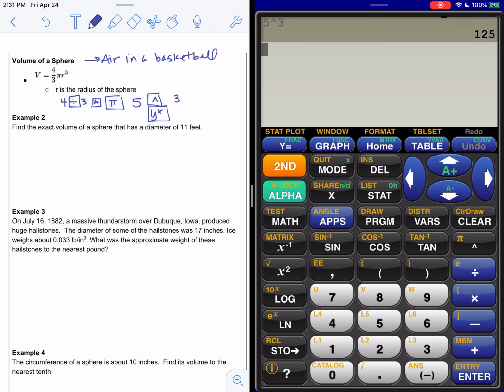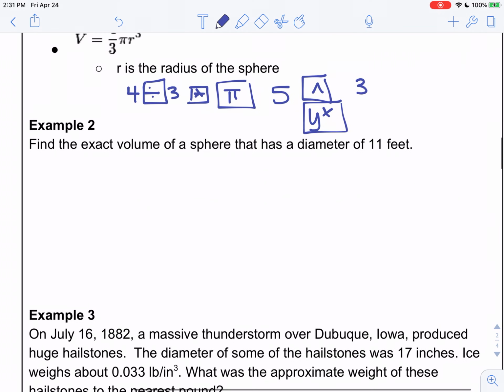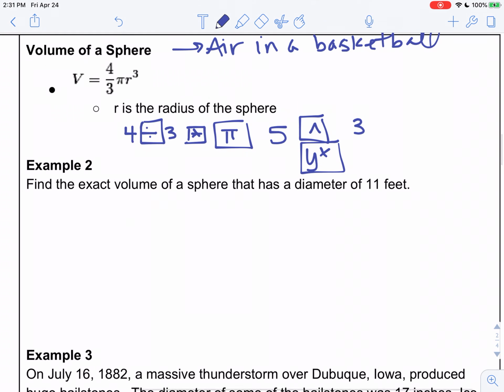All right, so if we want to take a look at example number 2, if I want to find the exact volume of a sphere that has a diameter of 11 feet, my diameter is 11, so my radius is going to be 11 divided by 2. Personally, I'm going to keep my radius in terms of a fraction because I want to find an exact volume.